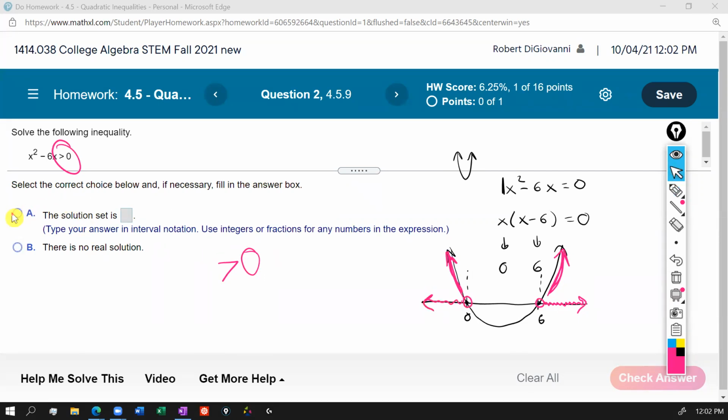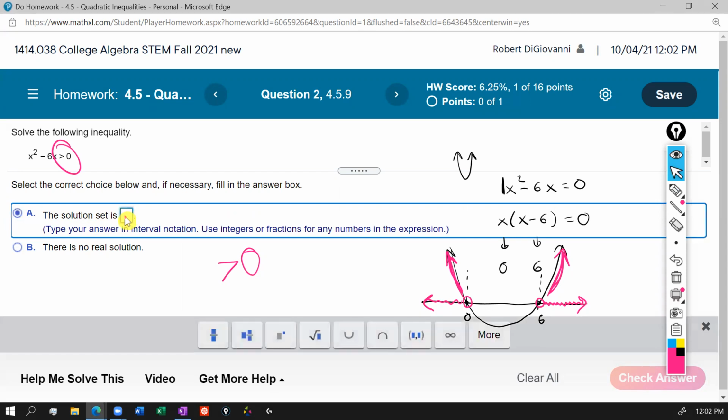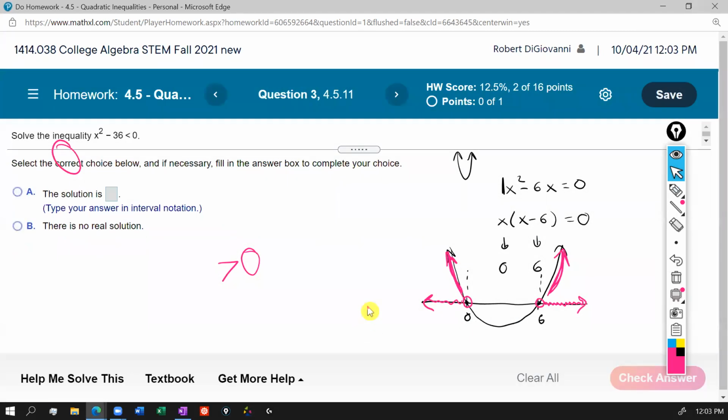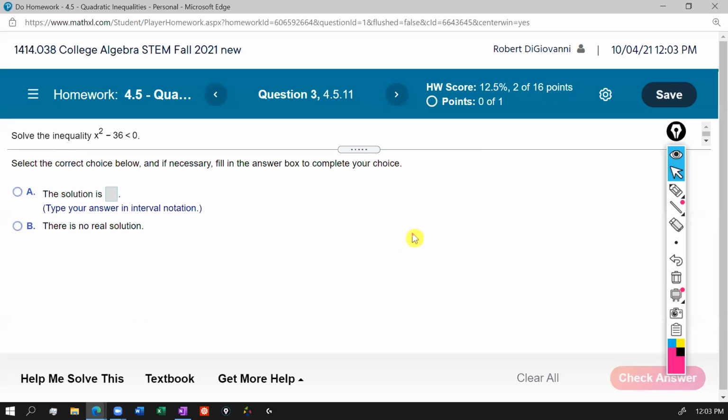So that in interval notation is negative infinity to 0, union with 6 to infinity. Okay. All right, next one.